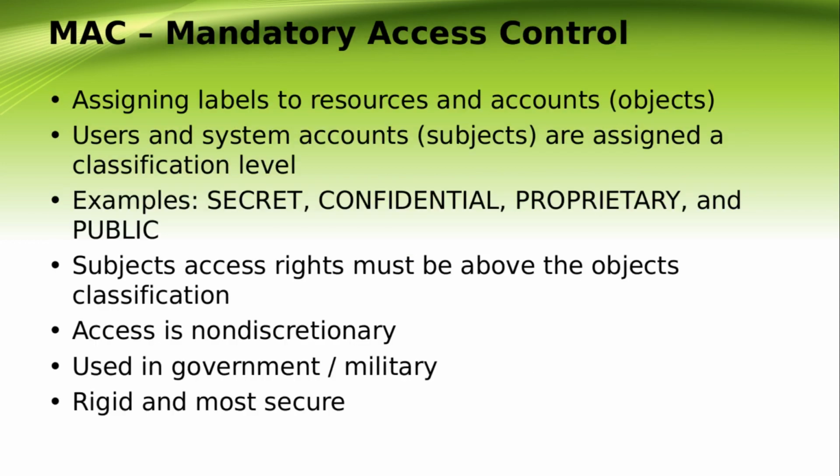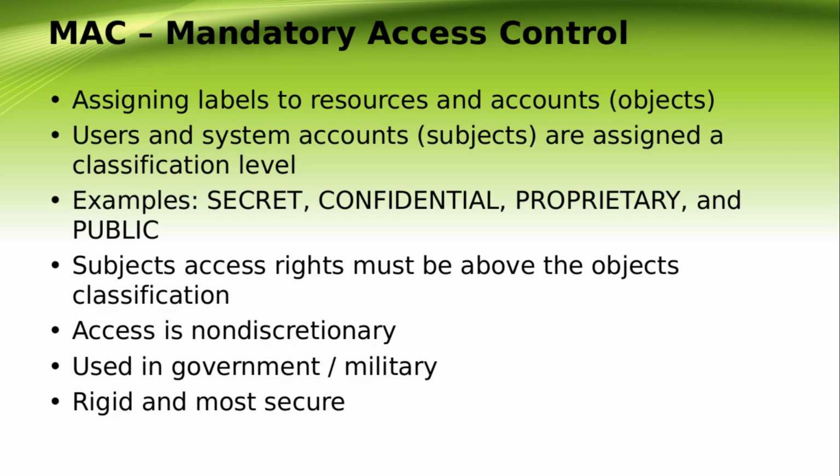MAC, the most basic form of access control, involves assigning labels to resources and accounts. Examples include sensitive, secret, and public. If the labels on the account and resource don't match, the resource remains unavailable.